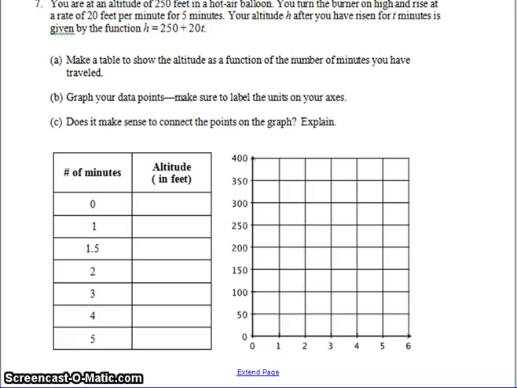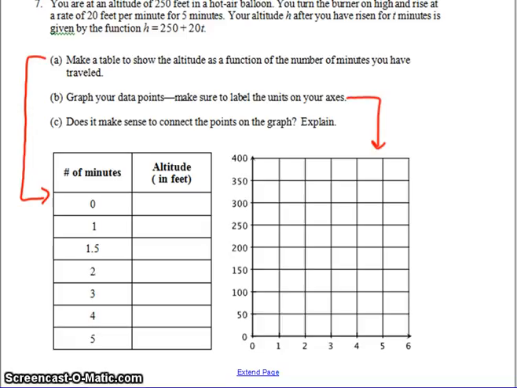Your altitude h after you have risen for t minutes is given by the function h equals 250 plus 20 times t. Make a table to show the altitude as a function of the number of minutes. They actually do that for you. You just have to fill out the rest of it. Then graph your data points on your axes. Does it make sense to connect the points on the graph? Explain. You're going to have to figure that out on your own.